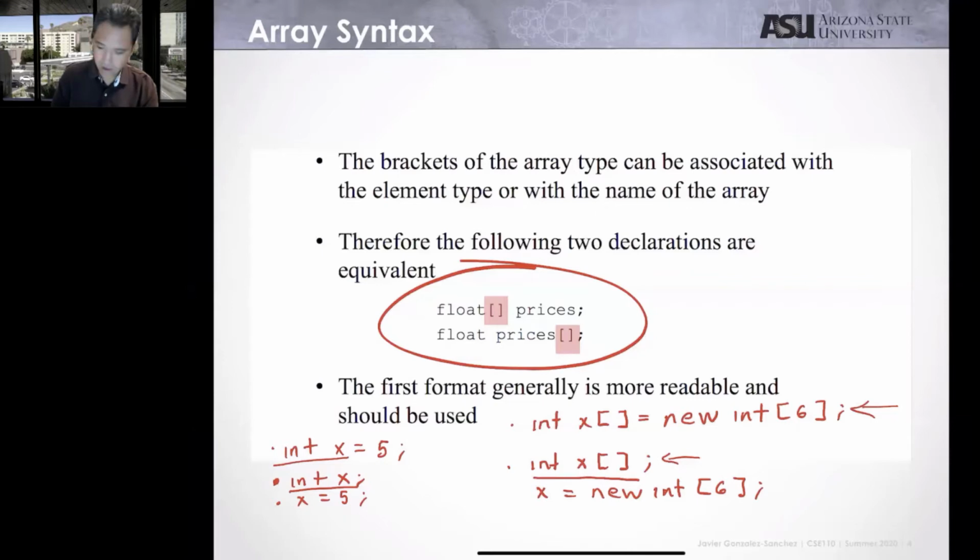However, when you want to complete the second part, remember, here, the only thing that you put is the name of the array, the name of the variable. You do not use again the square brackets.